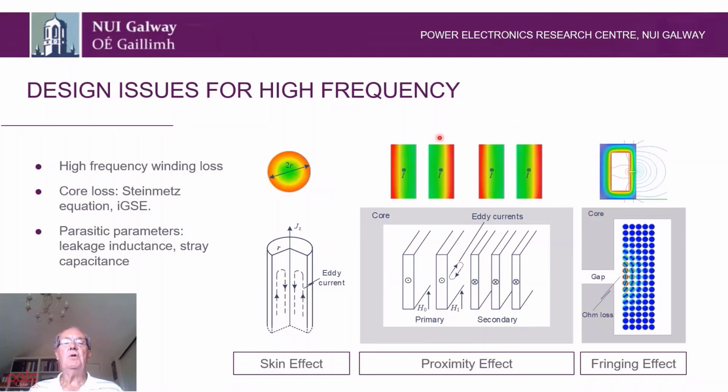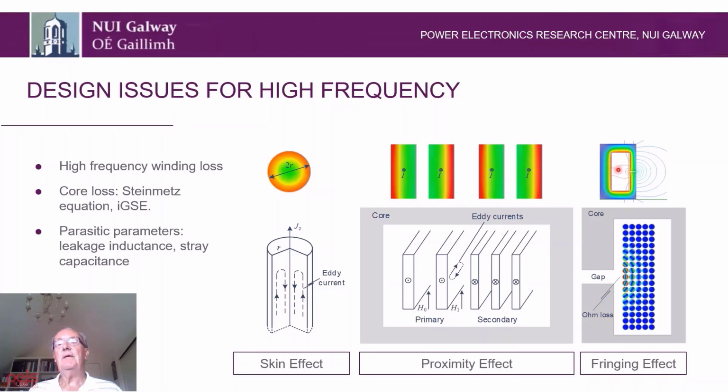Right, in this picture here we can see there are basically three different effects in the winding. There's the skin effect, which is essentially the losses in a single conductor. There's a proximity effect, which arises because of the interaction between two windings or two layers of windings.